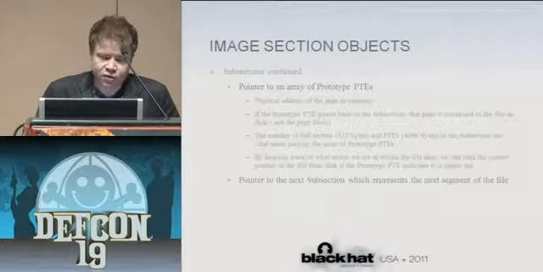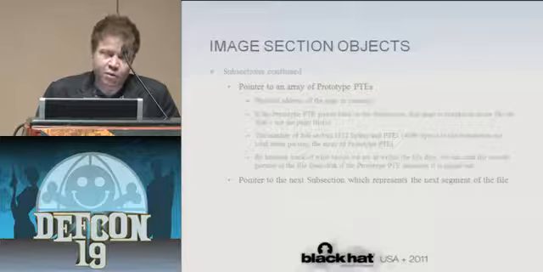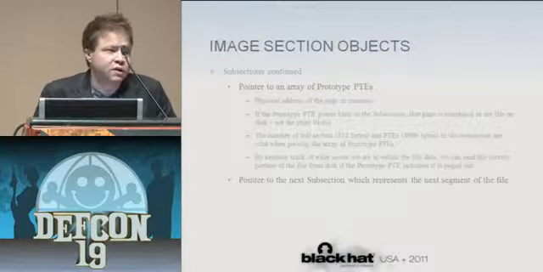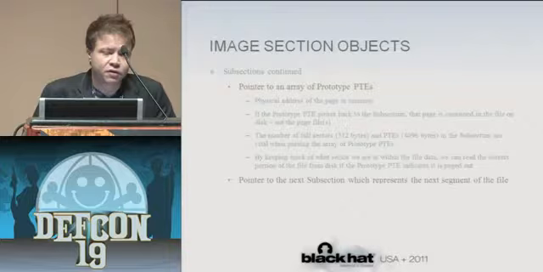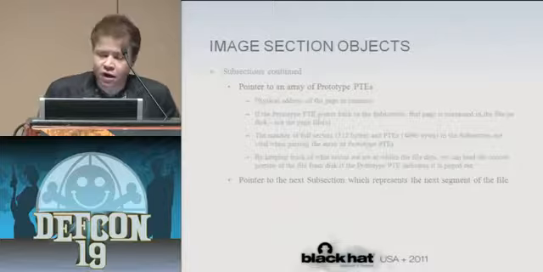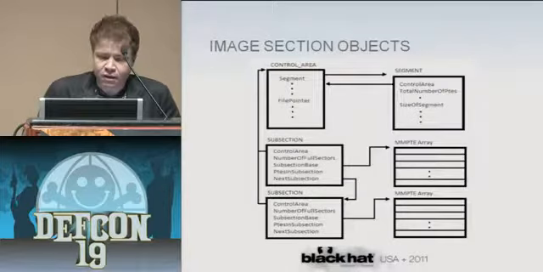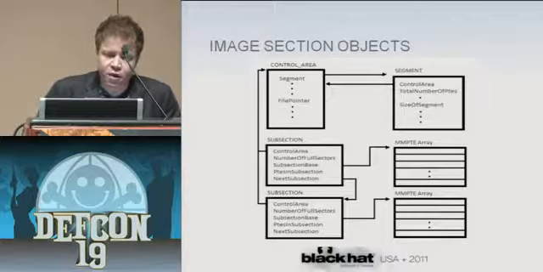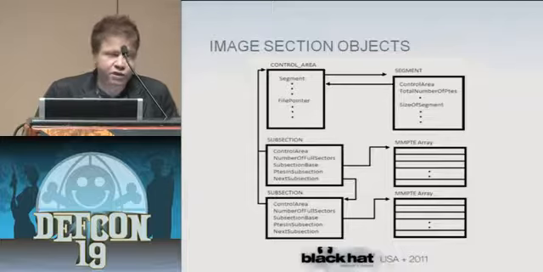Another thing of interest is there's probably definitely more than one subsection, especially if it's a PE file. So there will be a pointer to the next subsection, and you basically just chase the chain, right? So this is just a nice graphic of what that looks like conceptually in memory with our array for each subsection.